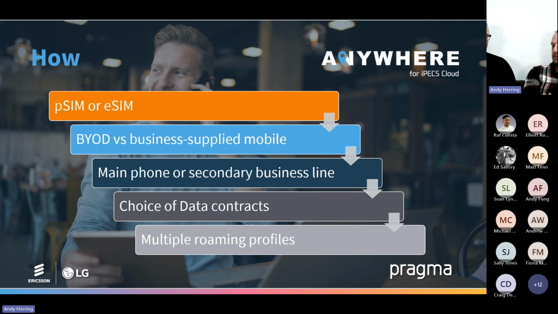Someone's got their own device that they've brought into the business, with their own mobile contract and their own data. We just put an eSIM onto that device, and that becomes the work line. And I would say 85% plus of the contracts that we're seeing sold at the moment are 0 gig or unlimited.